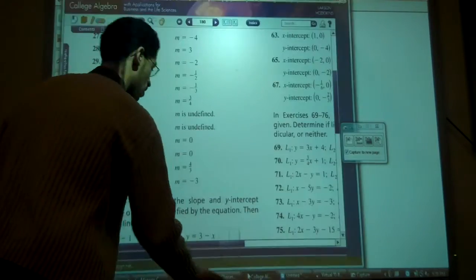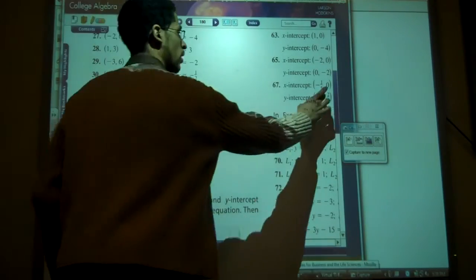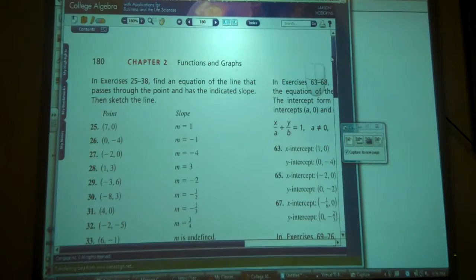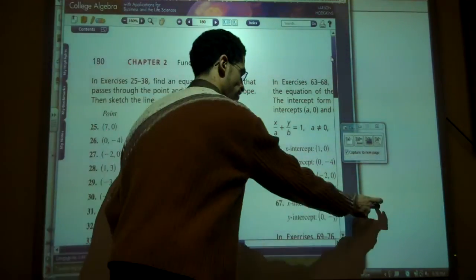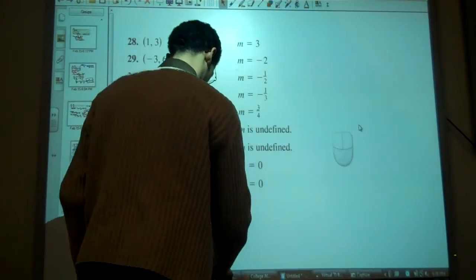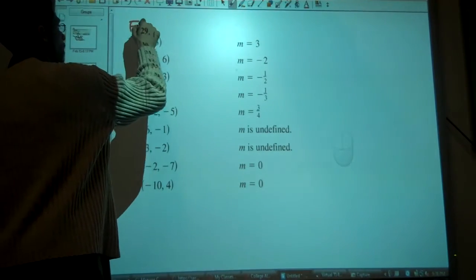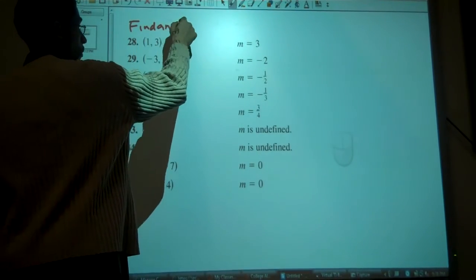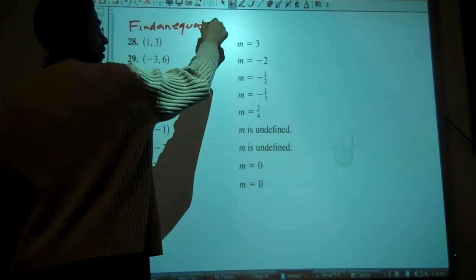Okay. These questions say the following. Find an equation of the line that passes through the point and has the indicated slope. They don't say what form, so they leave it up to us.